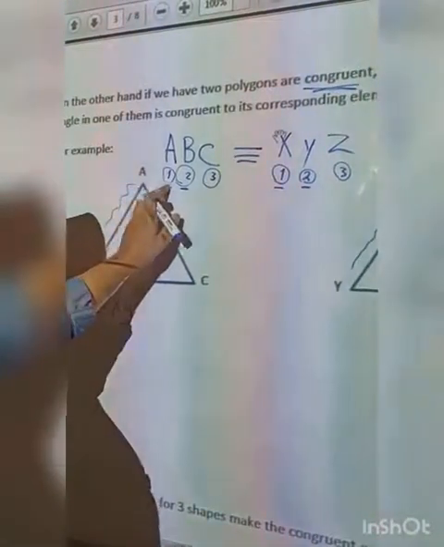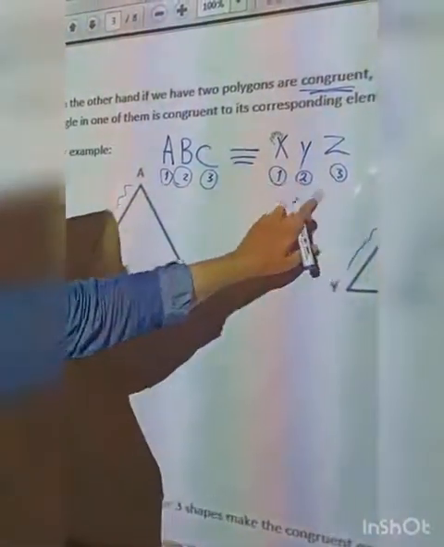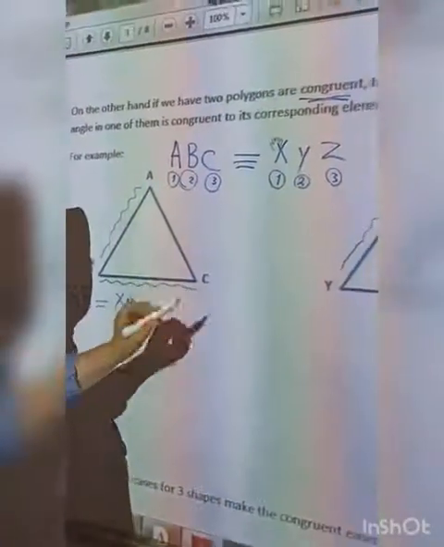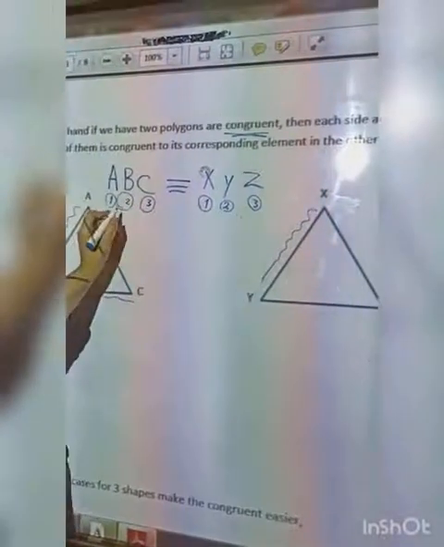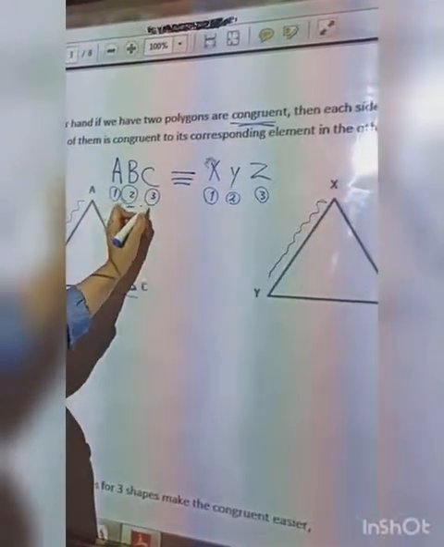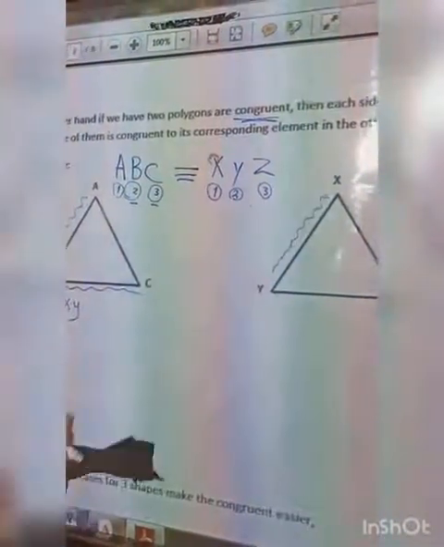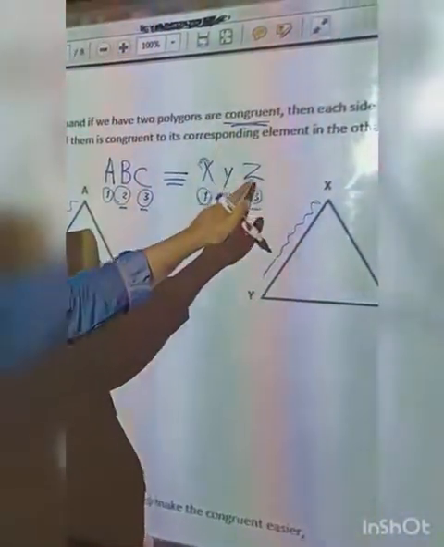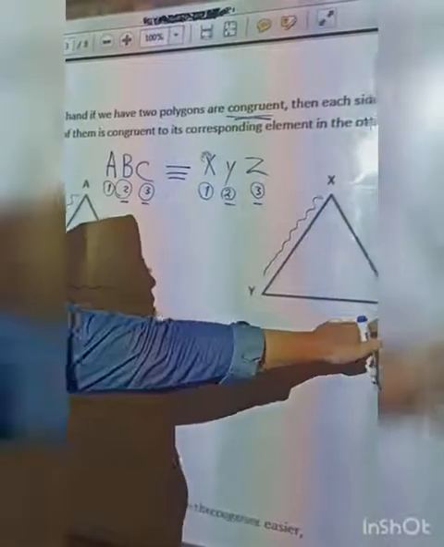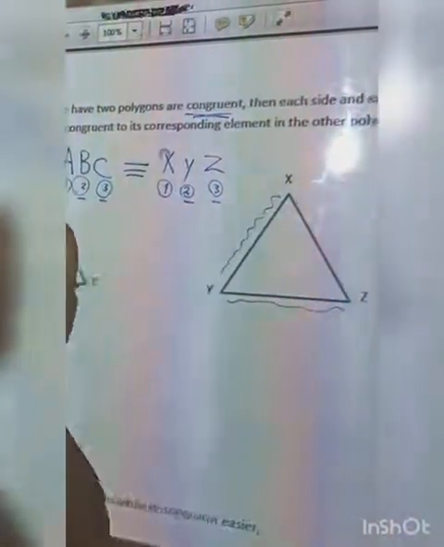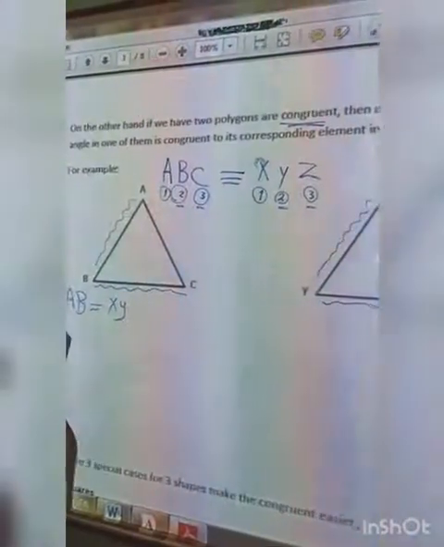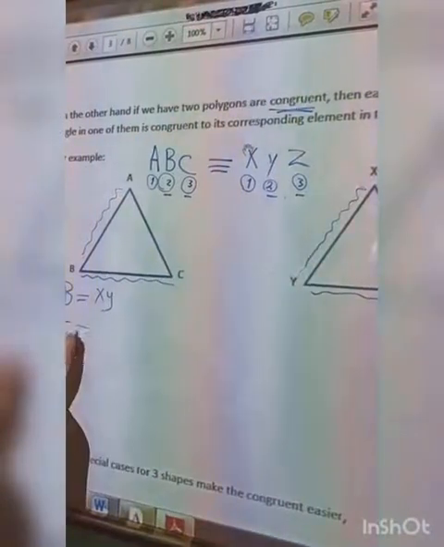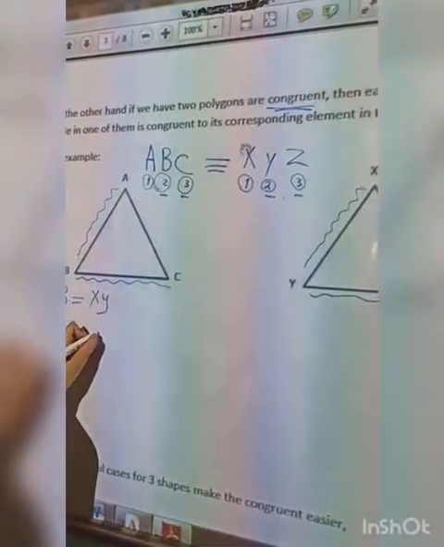And now we take the other side, BC. BC here is the letters number 2 and 3. So I will take the letters number 2 and 3 in the second polygon, which are YZ. So I can write that BC is congruent or equal to the side YZ.